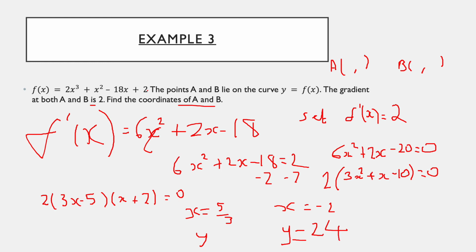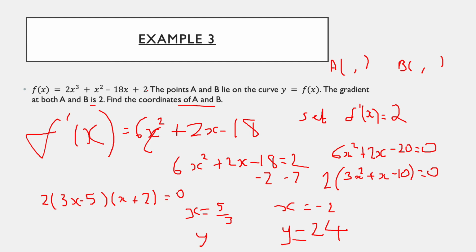And then subbing in 5/3 obviously is a bit trickier. I'm going to have to check my answer on Google here. So subbing in 5/3, well, 5/3 cubed is 125 over 27.